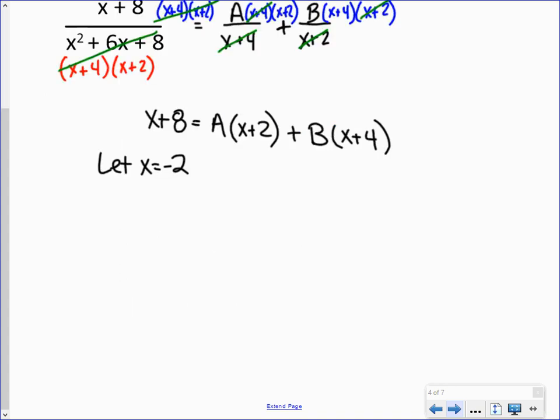Now I just have to go in and plug -2 everywhere I see x. So on the left side, -2 plus 8 would be 6. Then I'll have a times 0 plus b times 2. And a times 0 is just 0, so I really have 6 equals 2b. And b must be 3.